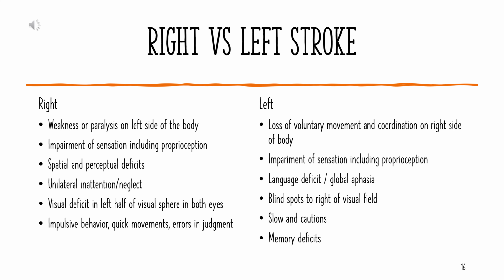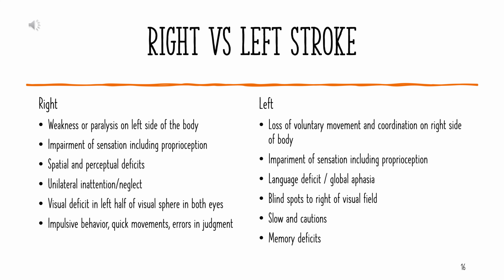With a left-sided stroke, we have loss of voluntary movement and coordination on the right side of the body, which might make it difficult to comprehend what's happening on that side of our body. Again, we see that impairment of sensation, including proprioception, which is that important sense of where our body is in space.